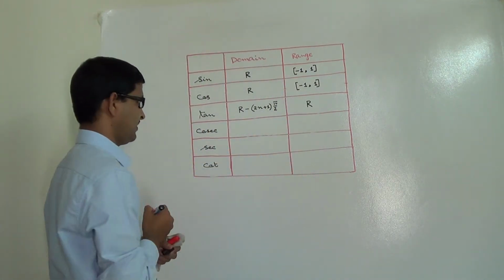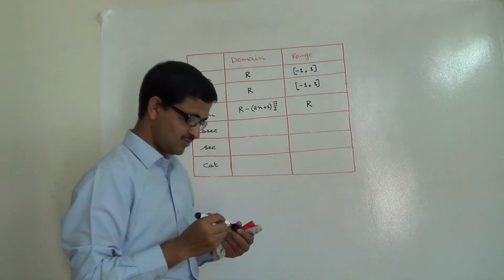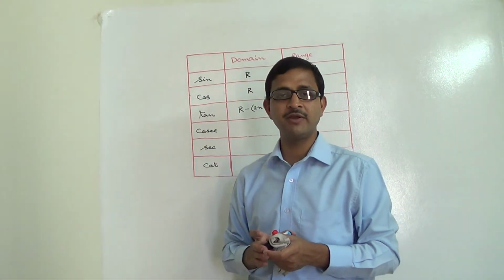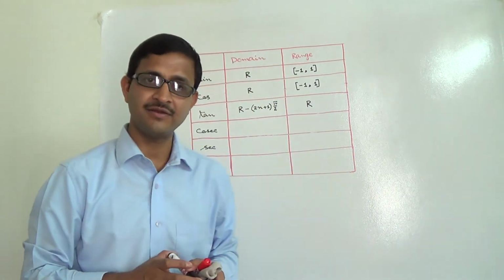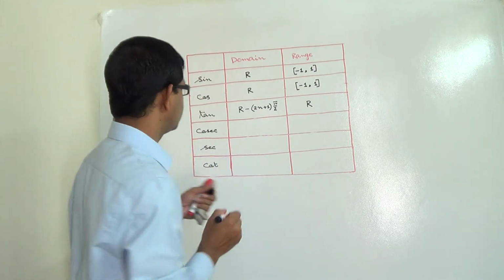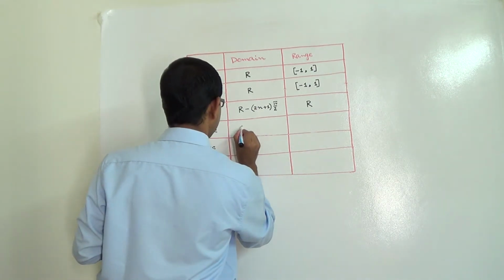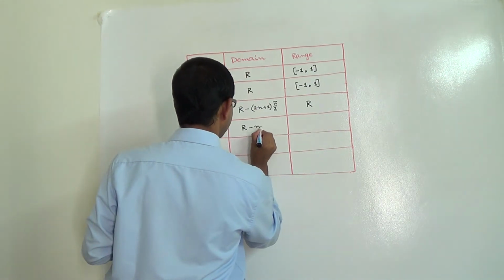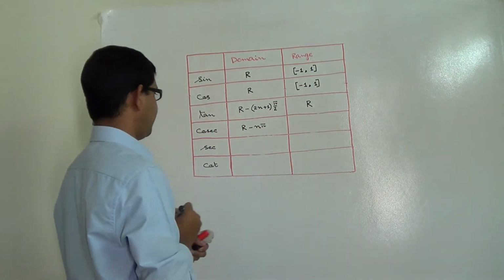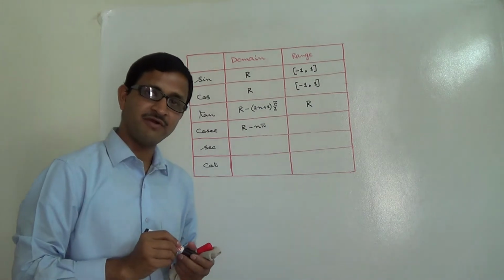So R. What is the domain of the function cosec? We know the domain of the function cosec is any real number except the integral multiples of pi. So that will be R minus n into pi, where n is any integer. And what is the range of the function cosec?